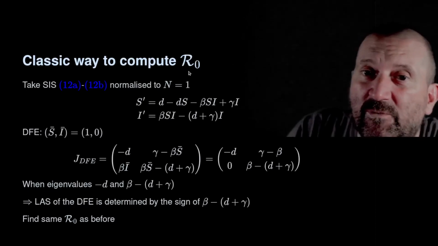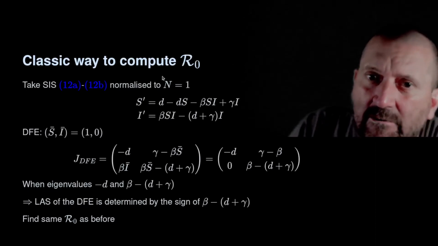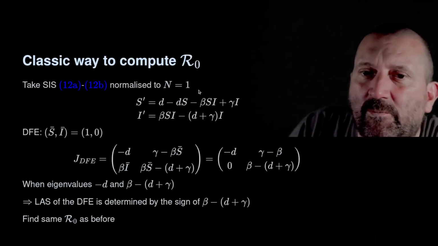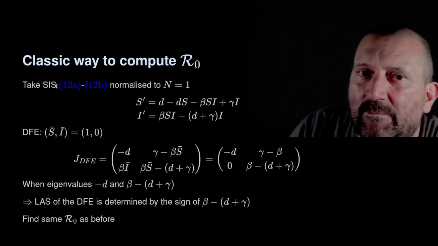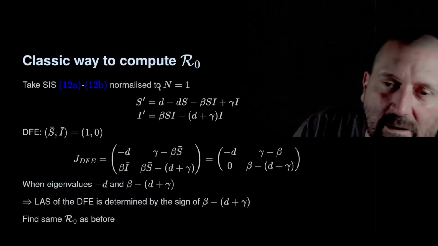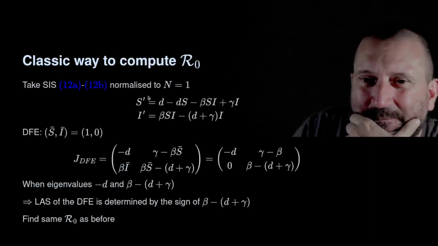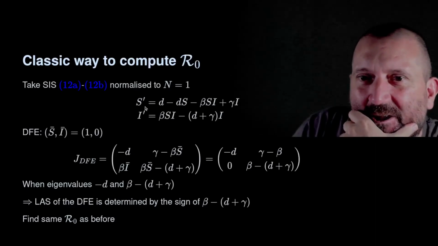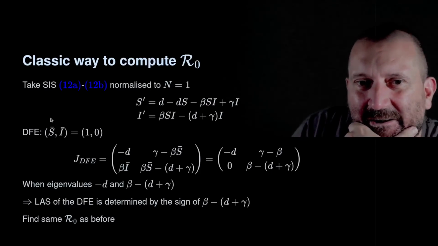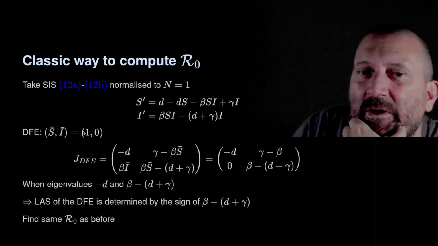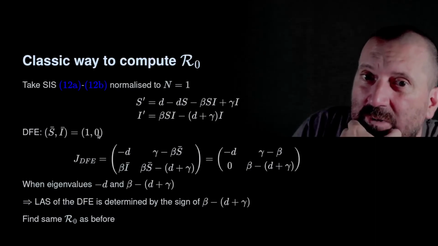So how would I compute R0 classically here? Well, just for principle, I'm showing you the model normalized to 1. As I said, I don't do that very often, but here I'll do it. So this is what you get. You compute what's called the disease-free equilibrium.